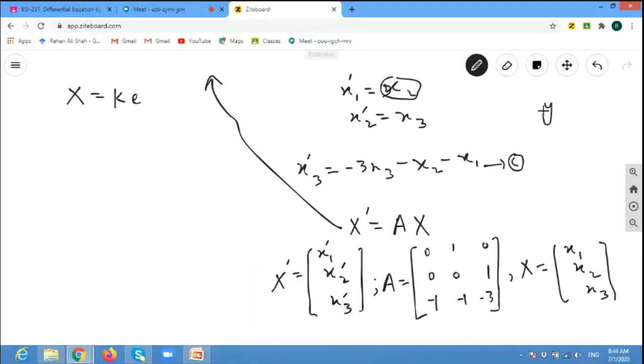When y dash is equal to ky, what was the solution? If you remember, y is equal to some constant c1 e power k into y. ऐसे आप एक्सपेक्ट कर रहे थे ना? So what will be the solution in this case? ऐसे होगा?